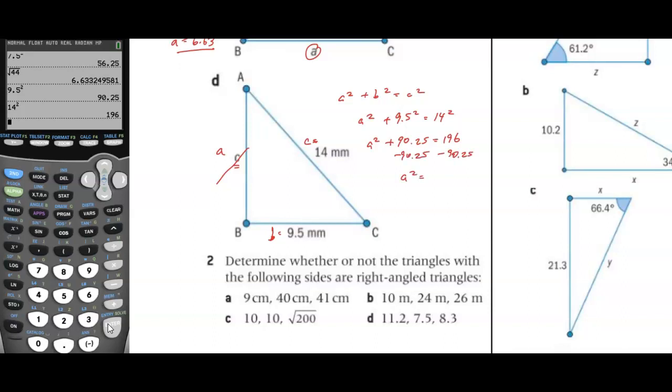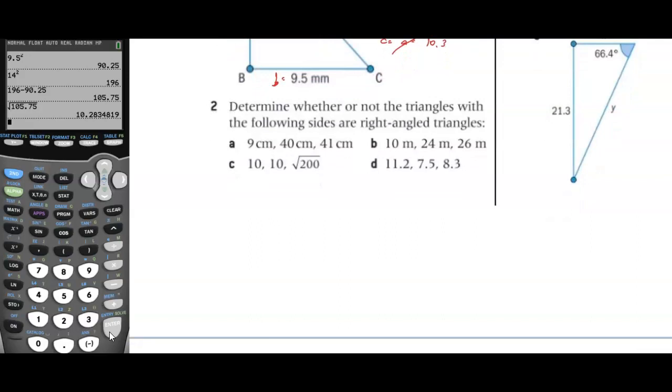A squared equals 196 minus 90.25, which is 105.75. Let's take the square root of both sides. Square root of 105.75 is 10.3. Actually, we originally called this C. So its C is 10.3.